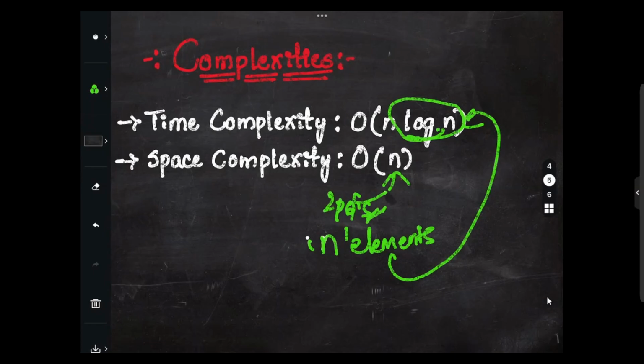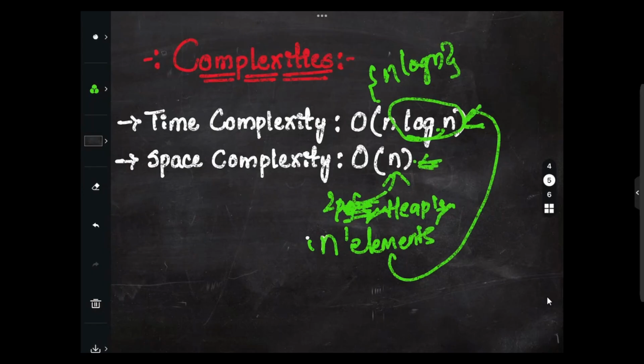We will be storing the prefix sums in two heaps, so here we are inserting n elements in the priority queue, which leads to a time complexity of big O of n log n, and the space complexity would be big O of n.